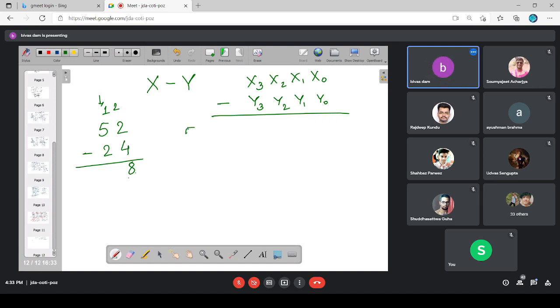So from 5, instead of subtracting 2, I'll be subtracting 3. So can you subtract 3 from 5? Yes, sir. So what will be the result? 2. So that's the way we normally perform the decimal subtraction operation. So we'll try to extrapolate this into the binary domain in Thursday's class.